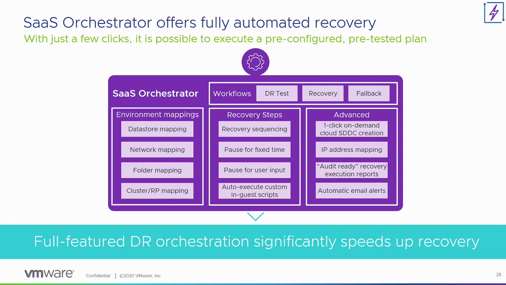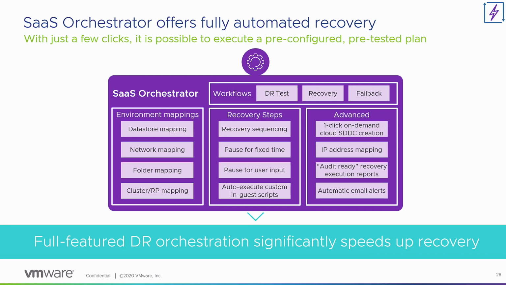It supports environment mappings because your production site, the inventory there and how VMs are placed, how the clusters are segregated and how the folders are organized, and how your network configuration looks like might be different in your production site than in your DR site, which is running in VMware Cloud on AWS.